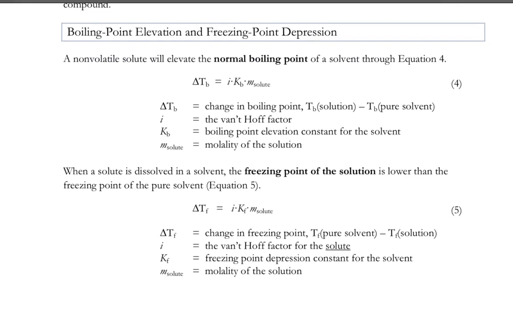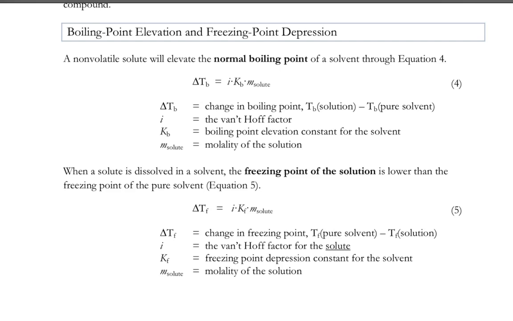So the normal boiling point, remember normal means at sea level, 1 atmosphere. A non-volatile solute will elevate the normal boiling point of a solvent through equation 4. So that's giving the amount that the boiling point goes up by, delta T sub B. So delta T sub B is equal to i times Kb times m of the solute, where delta T sub B is the change in boiling point.